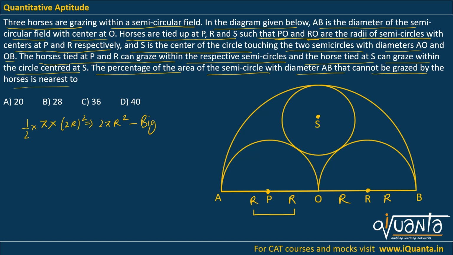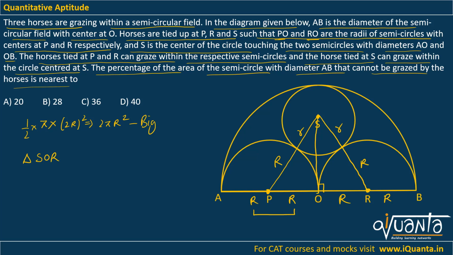Let me assume that the radius of this smaller circle having center at S is equal to r, small r. So if I join these two points, this will be r, this will be small r. Then this S will be directly above this point O, so I can say that this is a 90 degree angle at O. So now in this triangle SOR, I can apply the Pythagoras theorem, okay.